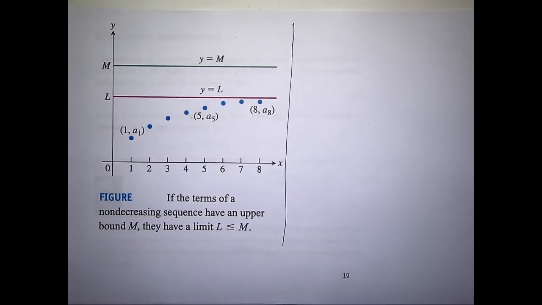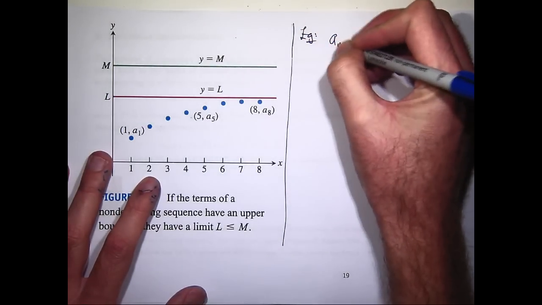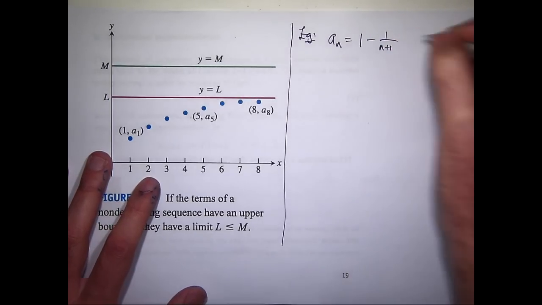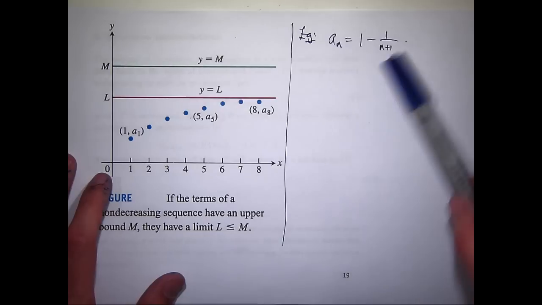Let's have a look at an example. Say this sequence here. Now, this sequence is an increasing sequence. Now, you can also easily bound this.